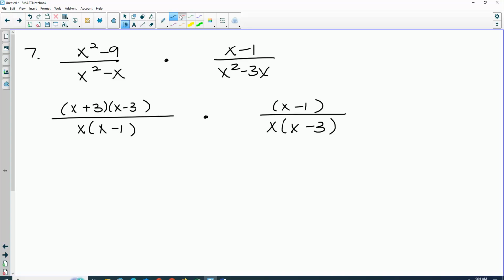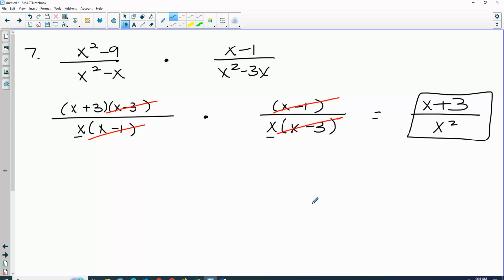So then anything on top and bottom can reduce. So the x minus 1's cancel, the x minus 3's cancel, and you multiply what's left. So on top, all we have is x plus 3. On the bottom, we have x times x, which is x squared. That one's okay?